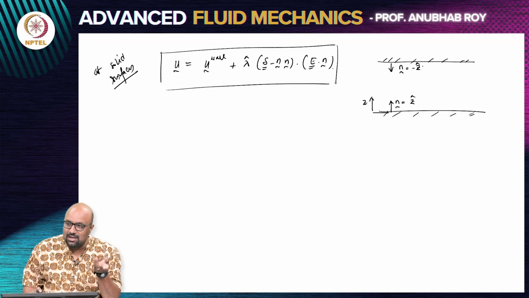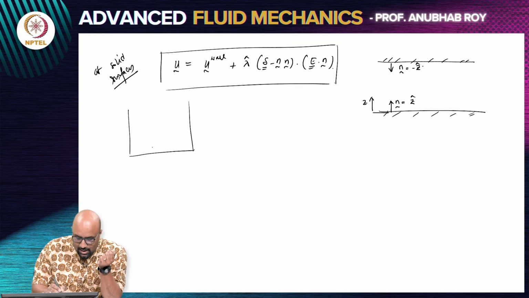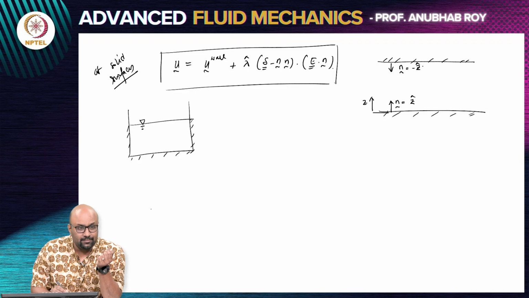But there is even a simpler example where you see a deformable surface. The simple example is, if you have a glass of water, so this is water in a glass. On the walls of the glass or the beaker, you have your classical no slip, no penetration boundary condition.